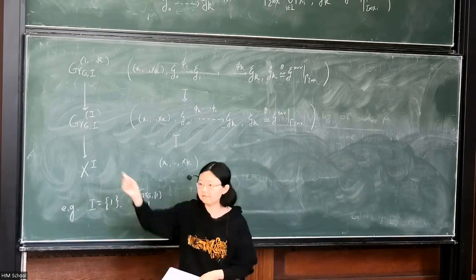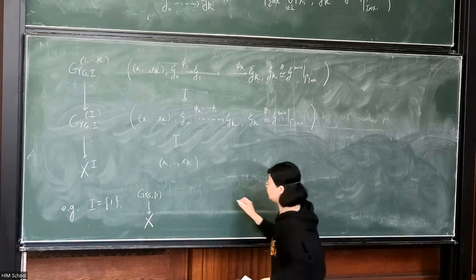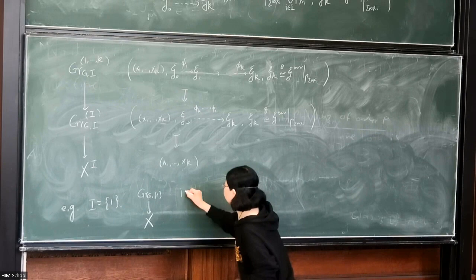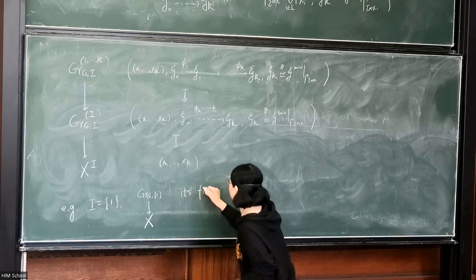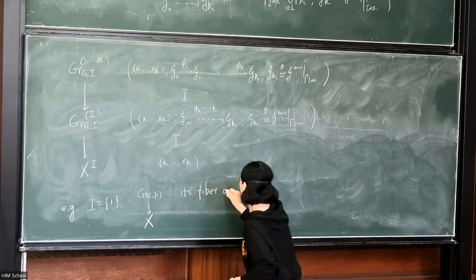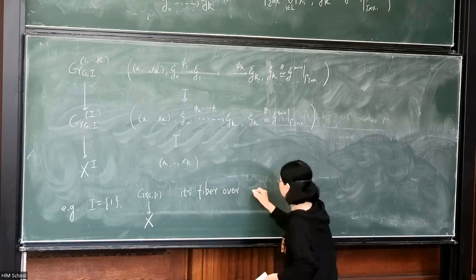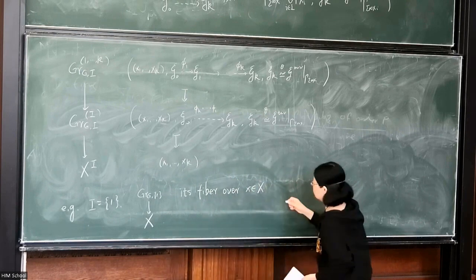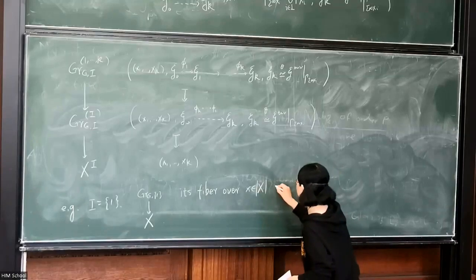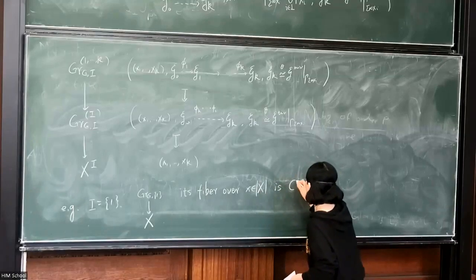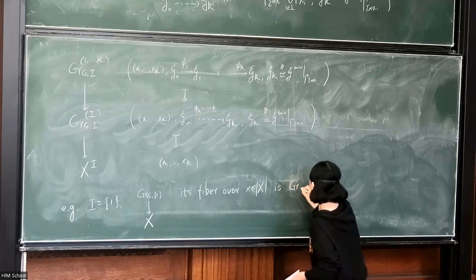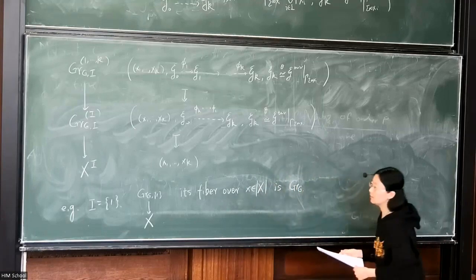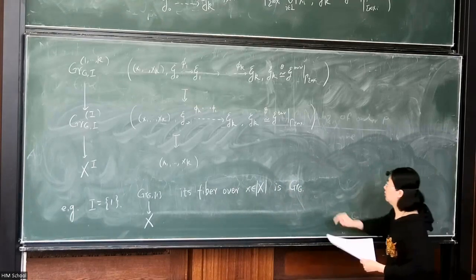It looks like the affine Grassmannian, the classical affine Grassmannian, and in fact the fiber over a closed point is just the affine Grassmannian.